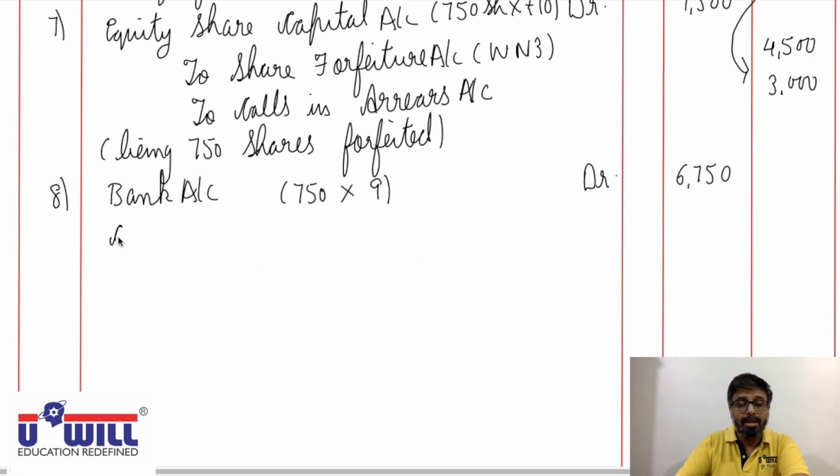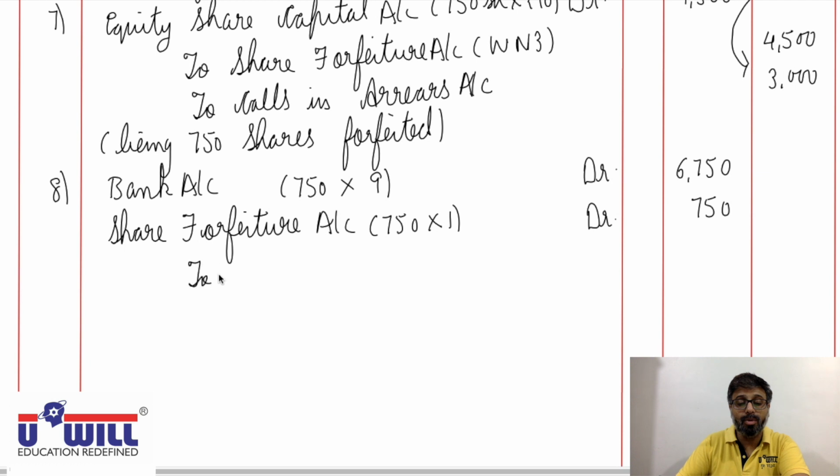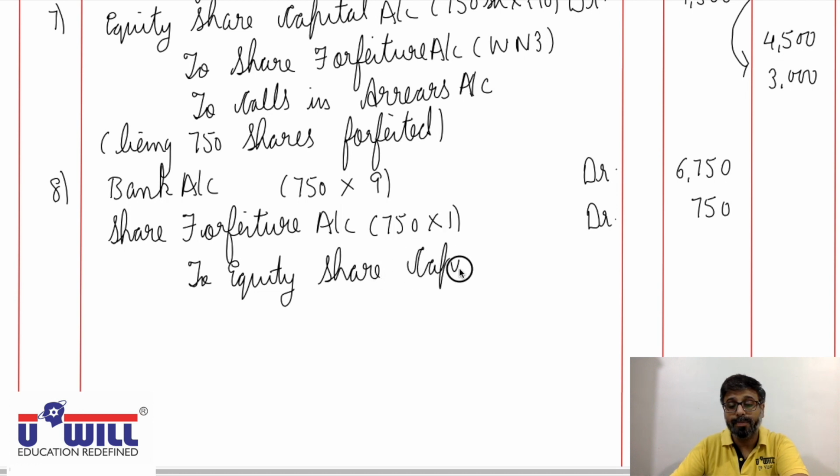Then share forfeiture account debit with the amount of discount, that is 750 into 1 rupee discount, because 9 is the reissue price. So 750 to equity share capital account, with called up capital.